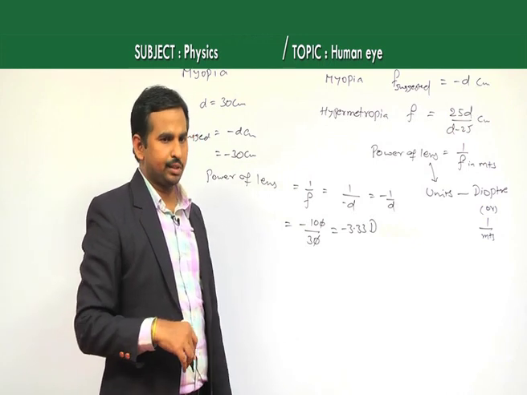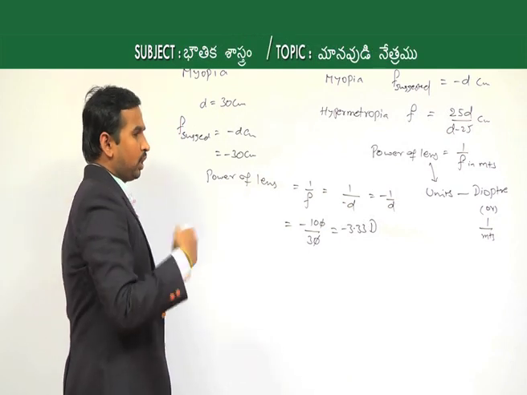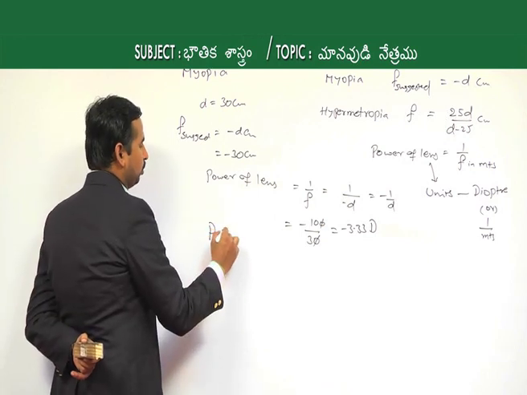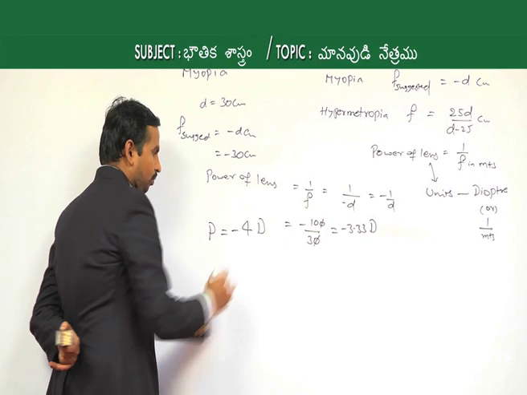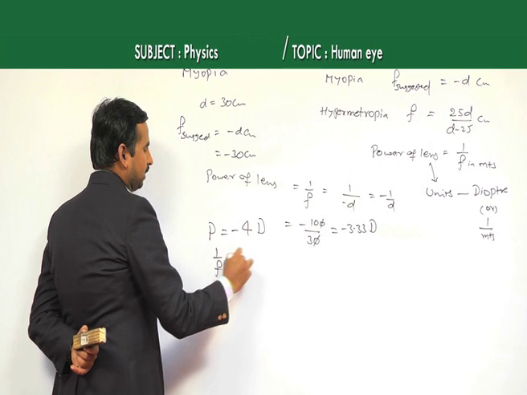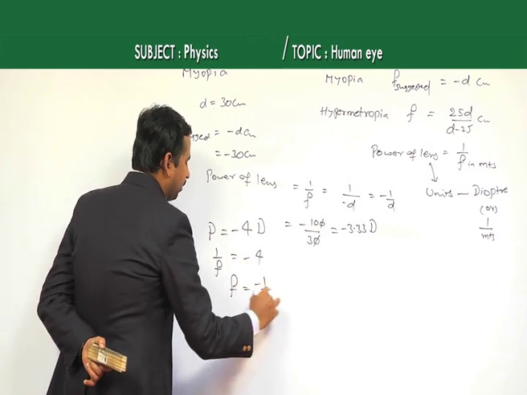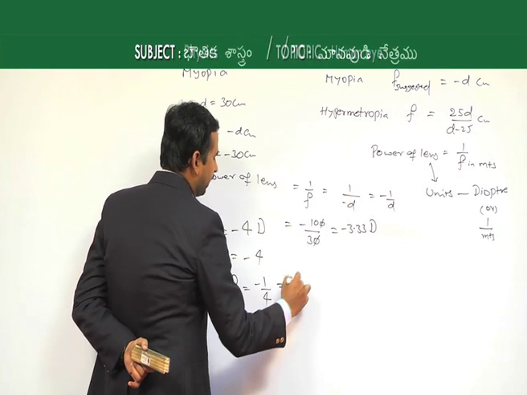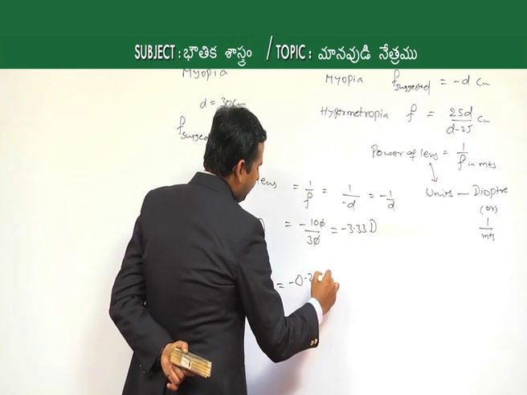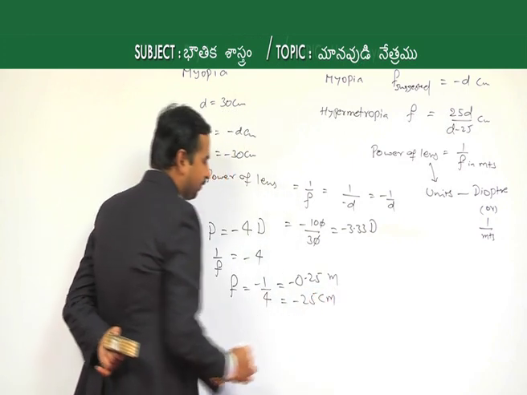Suppose the doctor's prescription gives the power required as P is equal to minus 4 D. What does that mean? The power 1 by f is equal to minus 4, then f is equal to minus 1 by 4, which is minus 0.25 meters, or minus 25 centimeters.